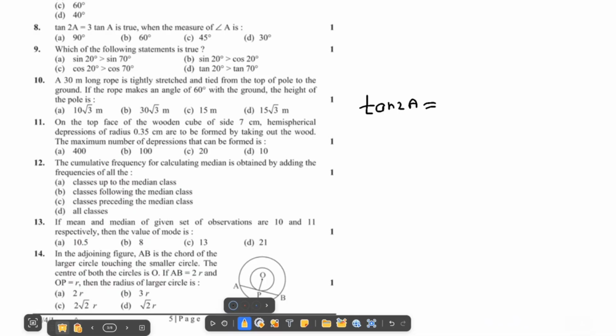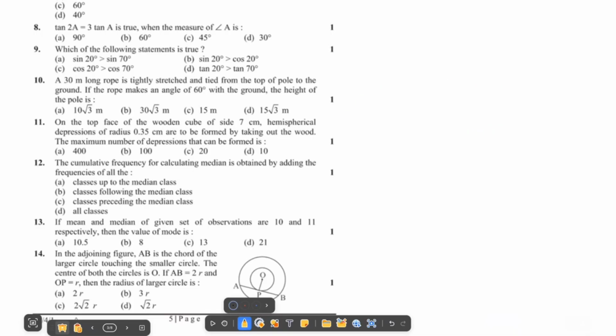Suppose you take A as 90 degrees. So tan 2 into 90 is tan 180 degrees. Here we don't know the value of tan 180 degrees, so let's keep option A aside. As we don't know tan 180 degrees, let's not take A value 90.